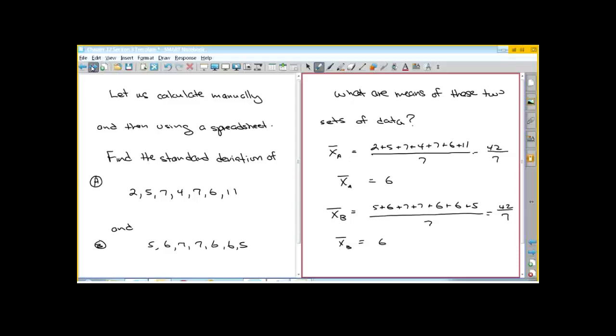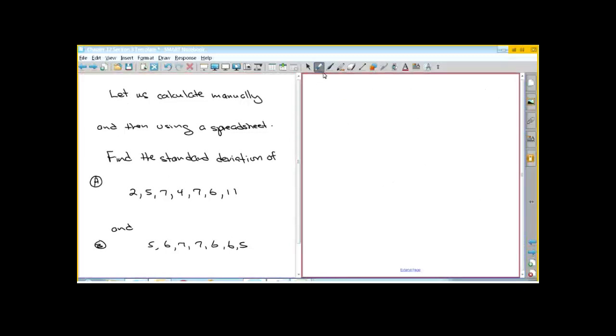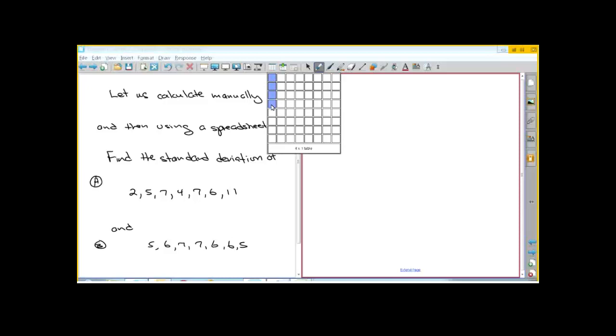So to calculate the standard deviation, it's best to make up a table. So let's do that. So we need a table, and let's see how many columns I'm going to need. We're going to need a header row, 7 data points.